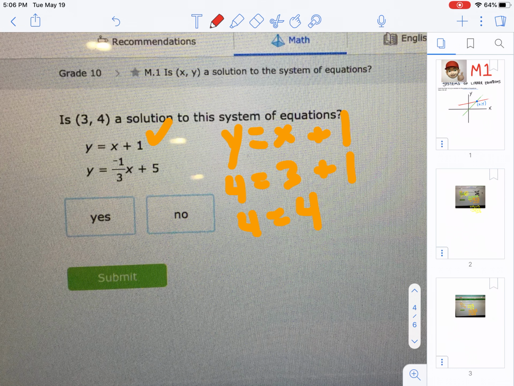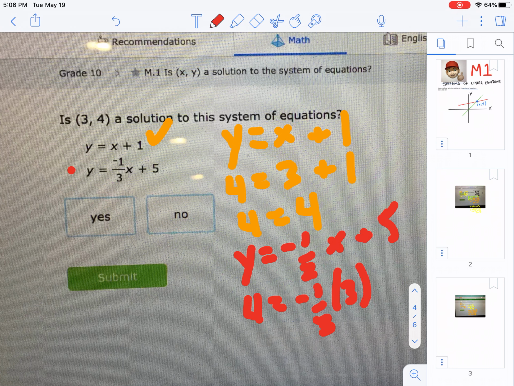Let's investigate the second equation here. We have y equals negative 1/3 x plus 5. So 4 equals negative 1/3 times 3 plus 5. 4 equals negative 1 plus 5.